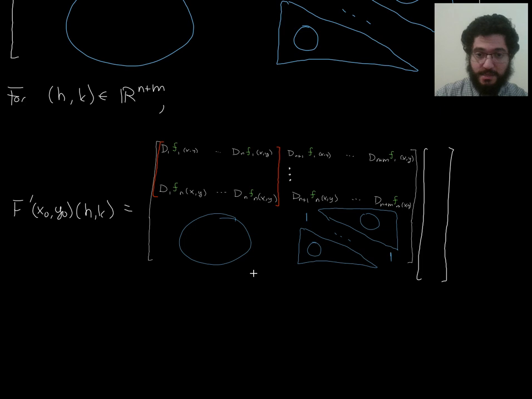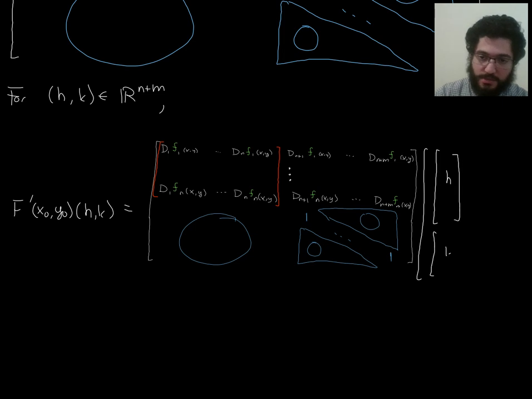That's what it means to say this matrix represents the linear map here in the standard basis. It means this linear map applied to a vector equals this matrix times the vector. So here, let me write the vector as having an h portion, and so let me split up my column vector into this h portion and this k portion.